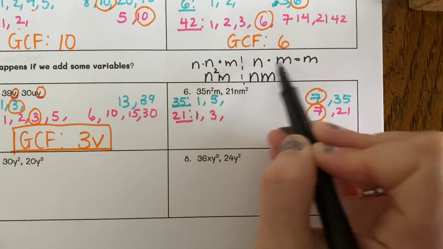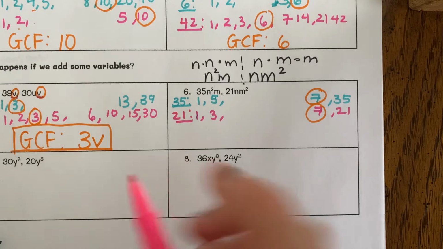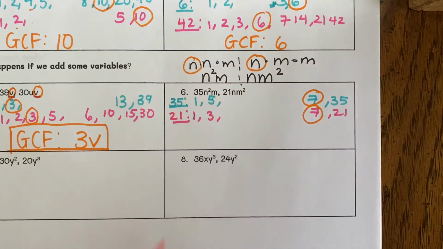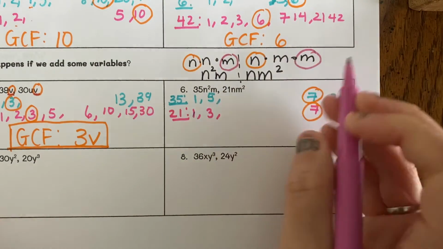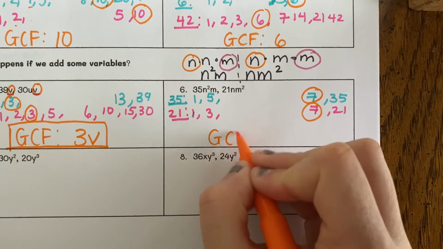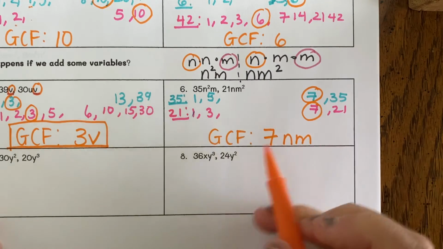And this one, I have 1 n and 2 m's. So from both of these, okay, I could take out an n because they have an n in common. And they have an m in common. So I can take out an n and an m. So that means that my GCF is 7nm.